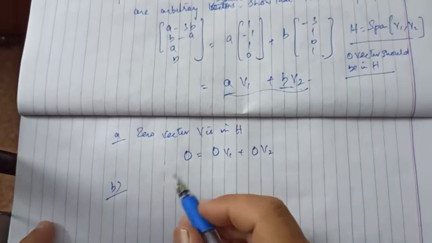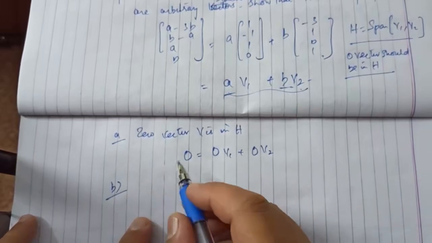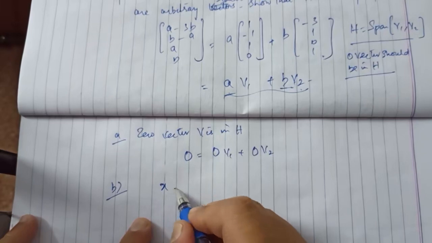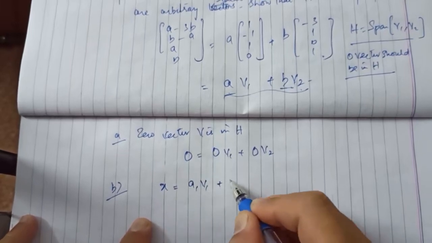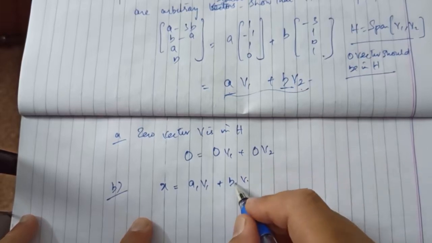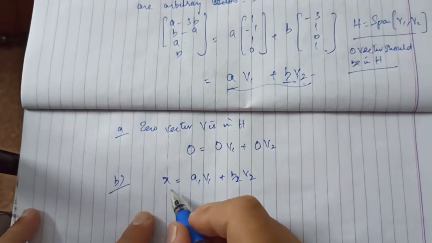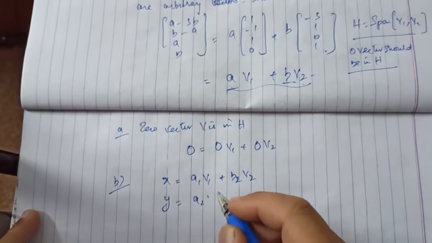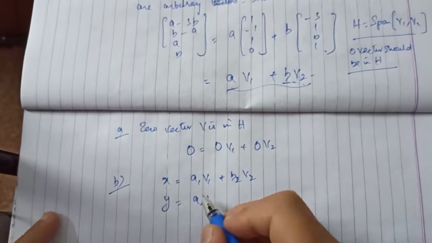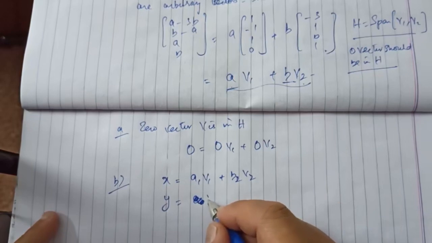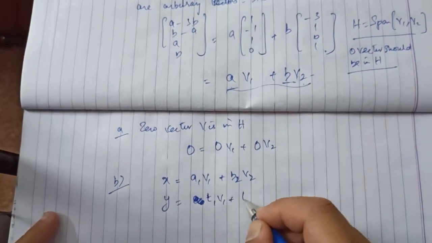So if I have vectors, let's say x defined as a1 v1 plus b1 v2, and let's define another vector y as t1 v1 plus t2 v2.